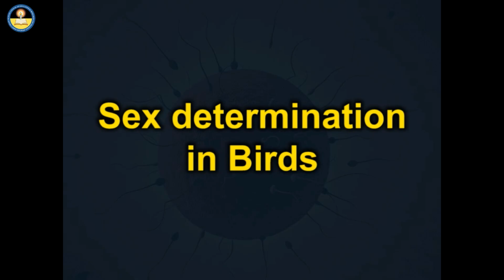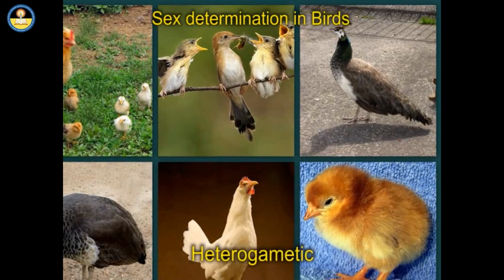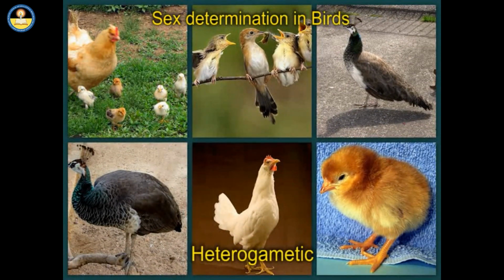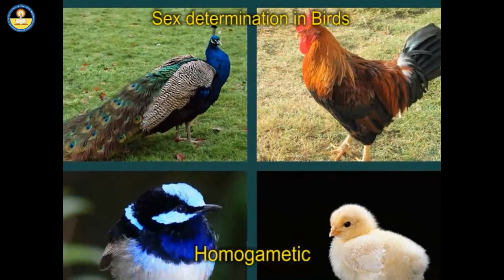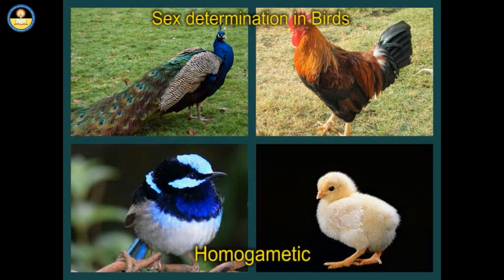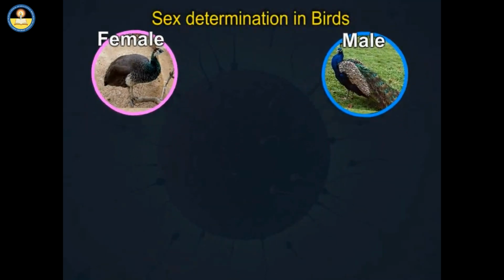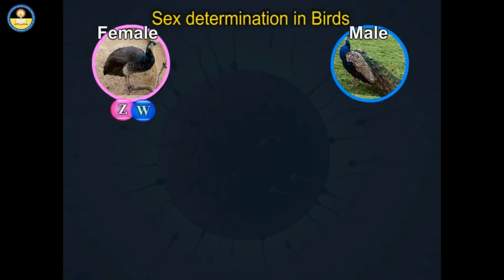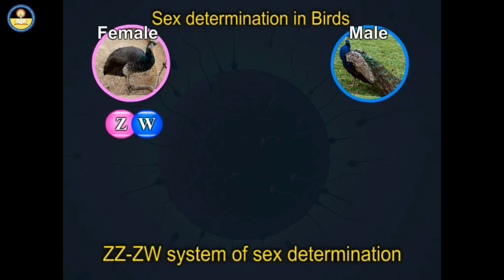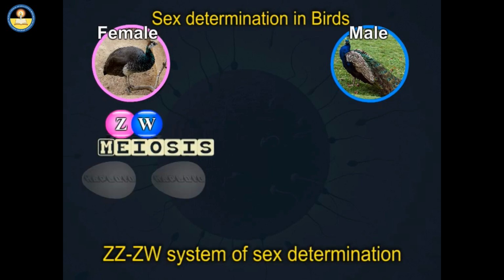Sex determination in birds. Most of the female birds are heterogametic and the males are homogametic. Females in this system are ZW. After meiosis, half of the eggs have a Z chromosome and the other half have a W chromosome.